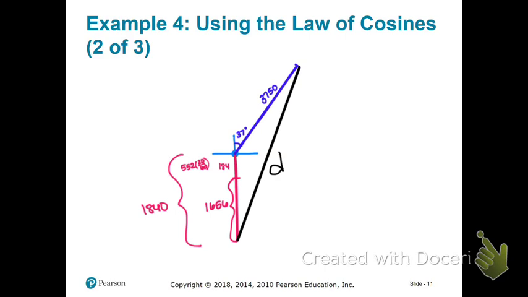If you need to, just kind of redraw. Let's see, I have two sides. Can I find that angle between them? Because if I can, then I can use the law of cosines. Can I find this angle right here?